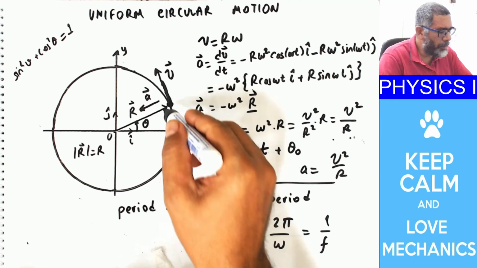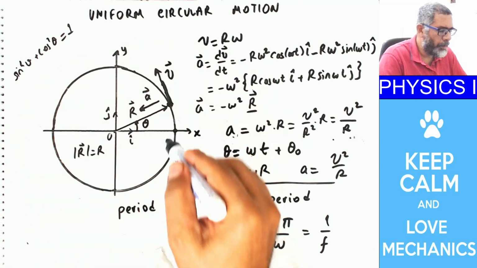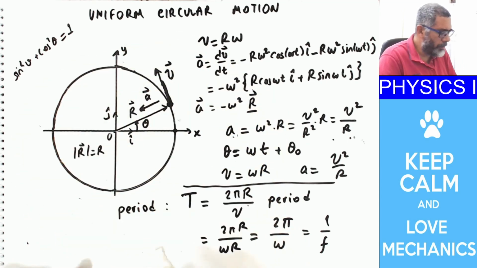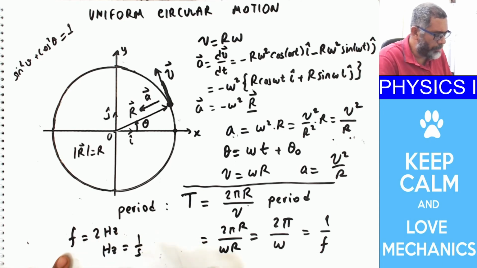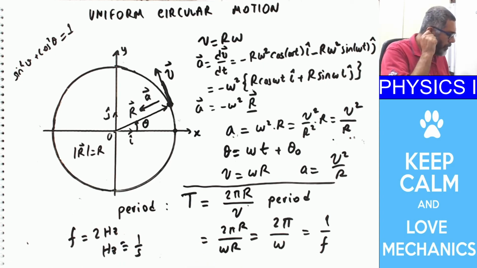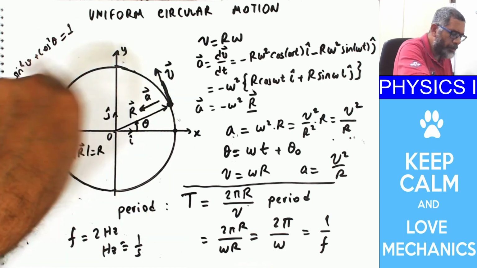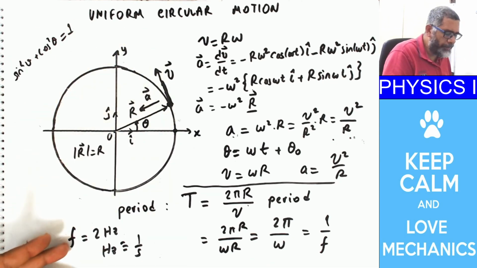Hertz is the unit for frequency, and it is nothing but 1/second. If it makes 3 revolutions in 1 second, the frequency is 3 hertz, and so on.